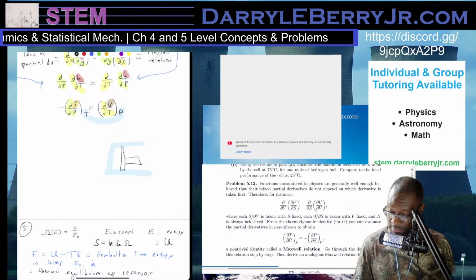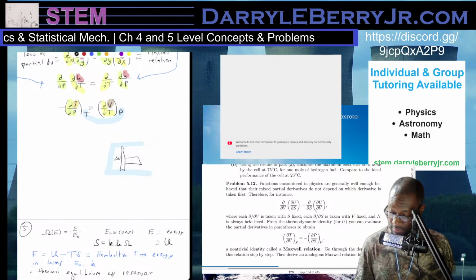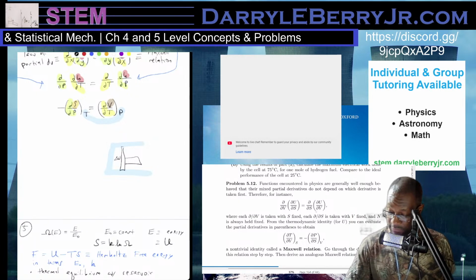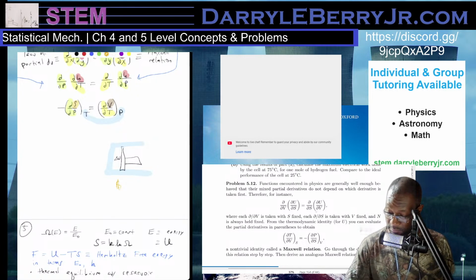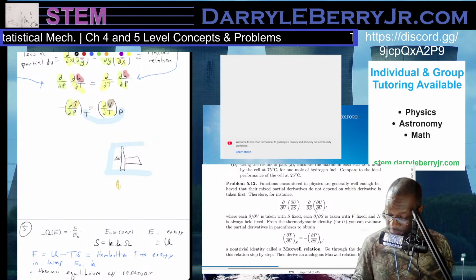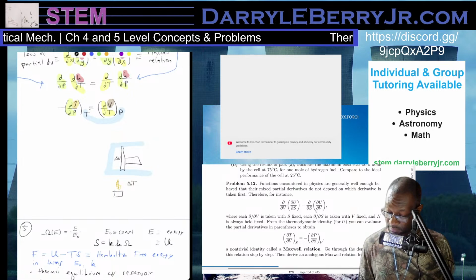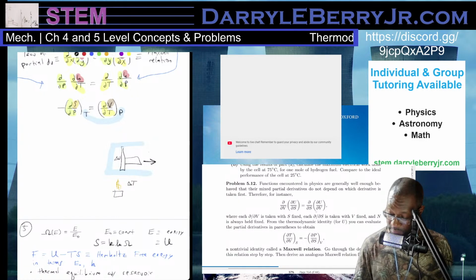We can say change in V. We can put a flame here for change in T. And if the pressure stays the same, change in P equals 0.